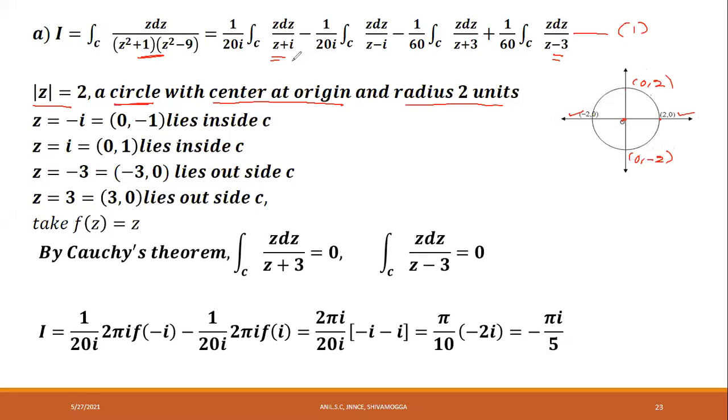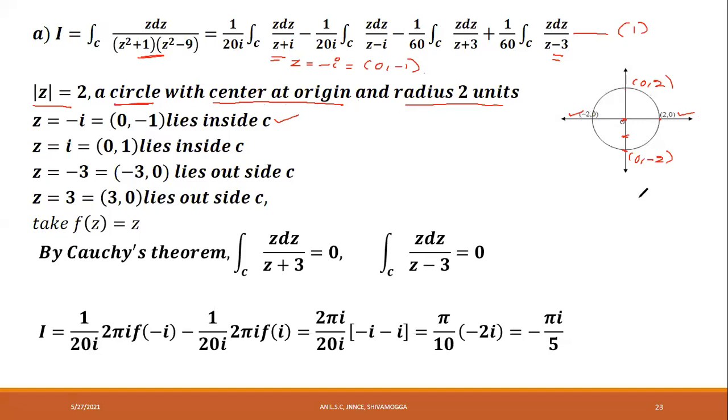That means z is equal to minus i. Minus i means (0, minus 1). Locate this point (0, minus 1). This is (0, 0). This is (0, minus 2). (0, minus 1) will be somewhere here. That means it lies inside C.